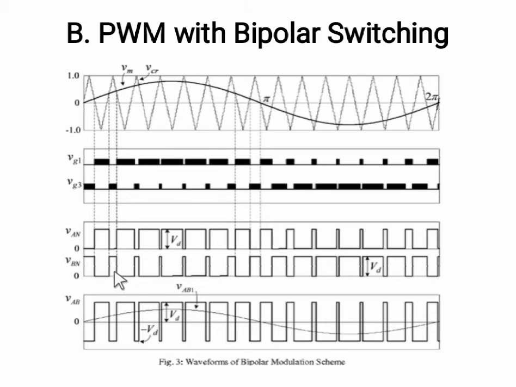here we can say that the pulse width is less in the lower output, and in the upper output the pulse width is high, so we get the upper pulses.